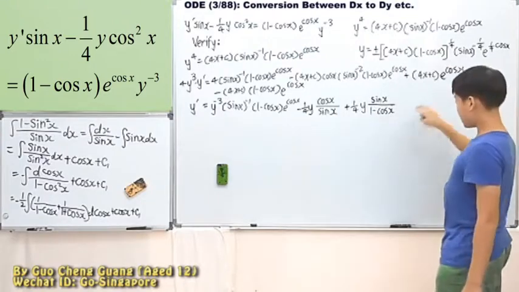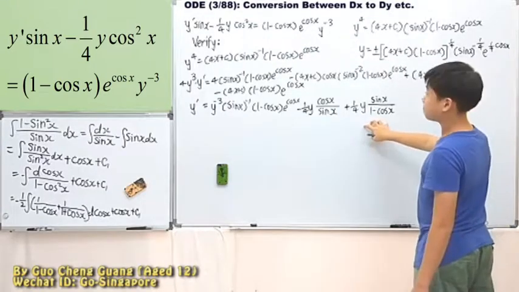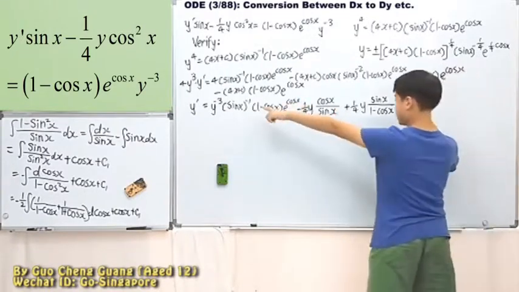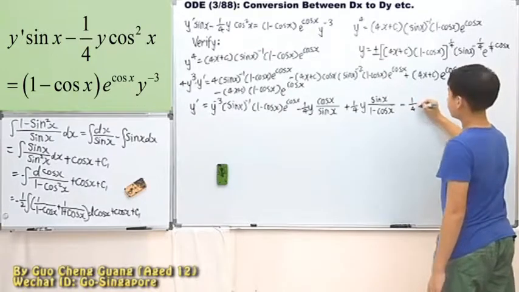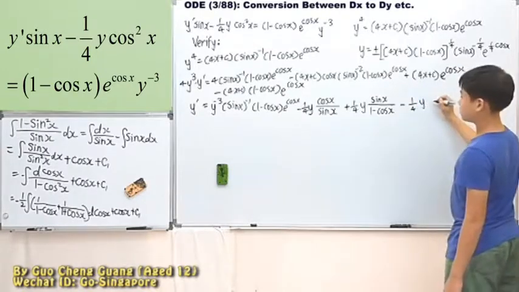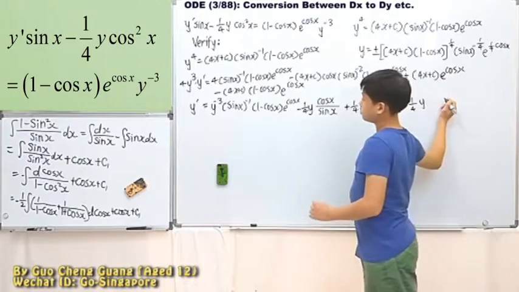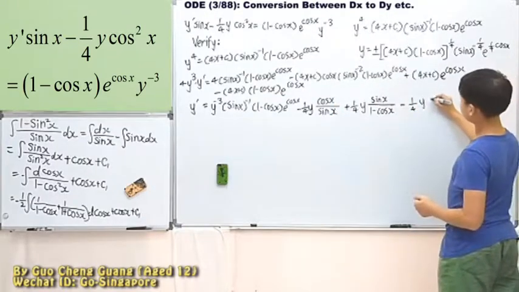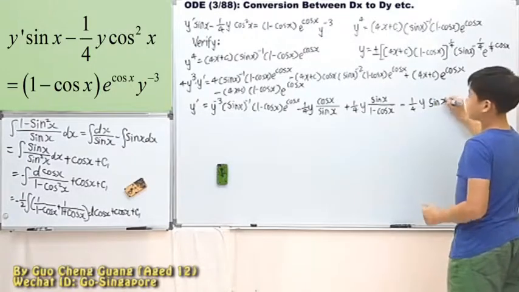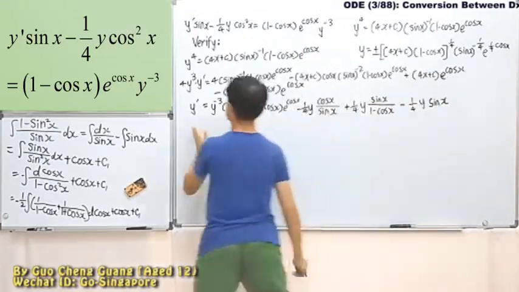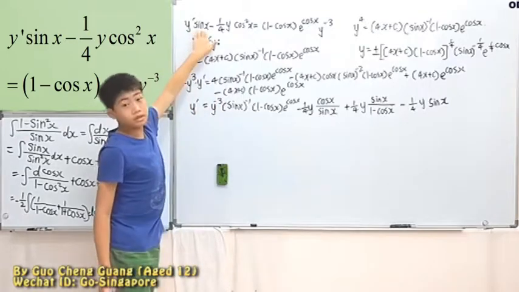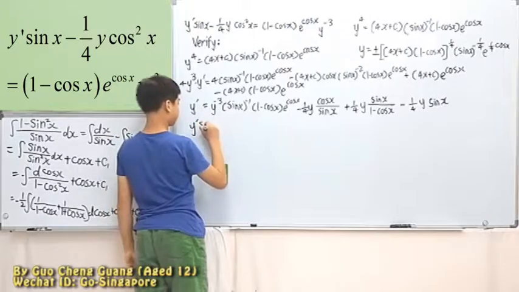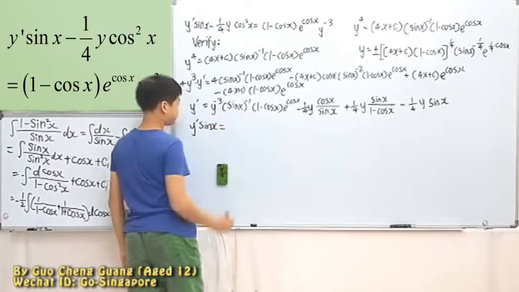So then this part I think is like this. Okay. Then after that is here. Okay. Next, what does this y prime mean? From here it needs sine x. So y prime sine x.